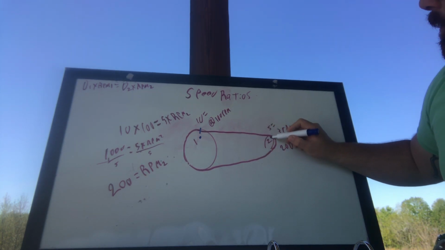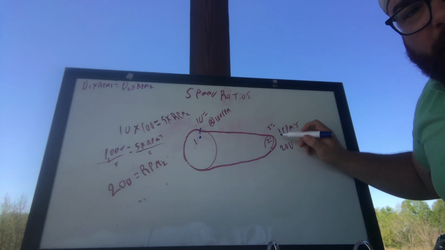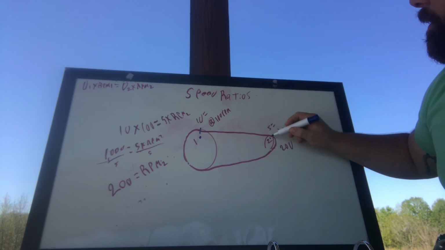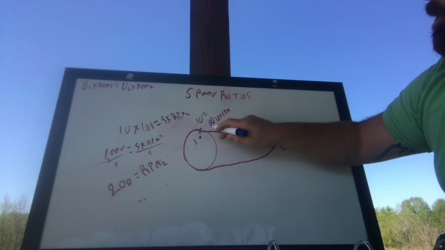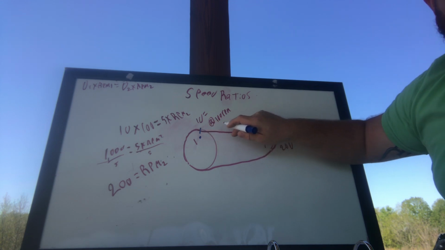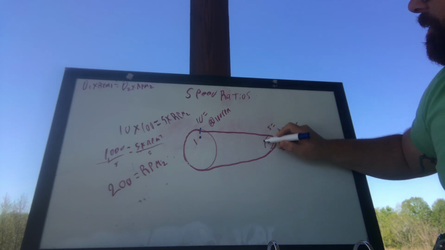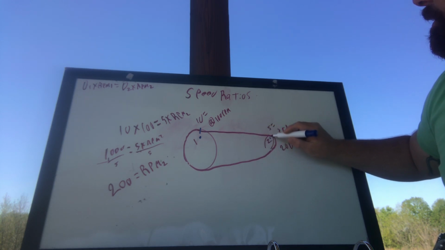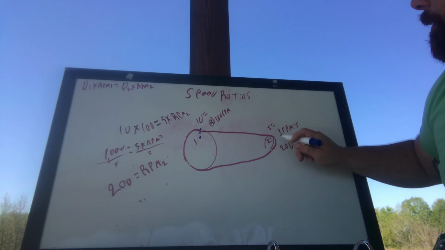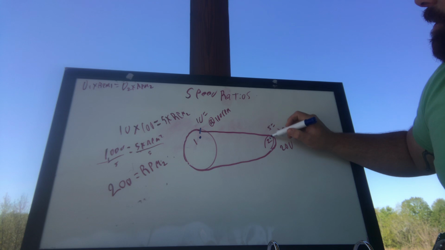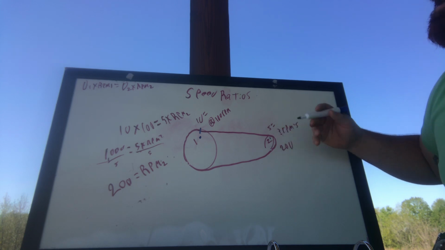Now, for this pulley, if we put a dot at the 12 o'clock position, when this belt moves that circumference distance, 31.4 inches, this pulley has to turn that same 31.4 inches. And because it is half the diameter, and therefore half the circumference, it will have to turn twice. So that's how we get this.